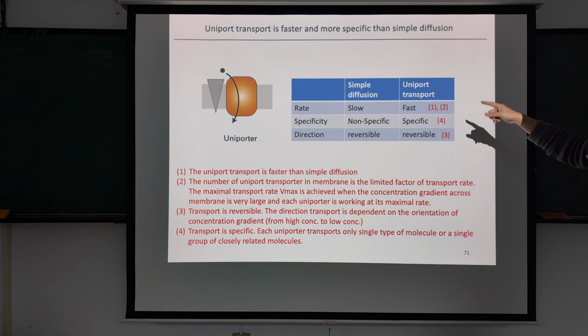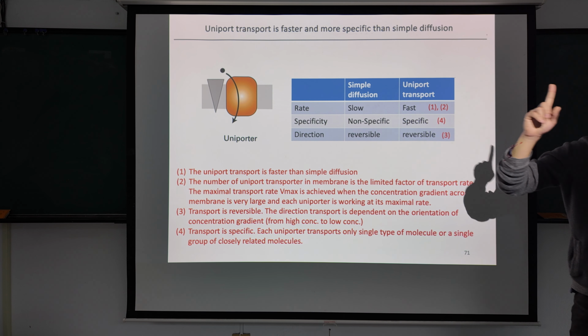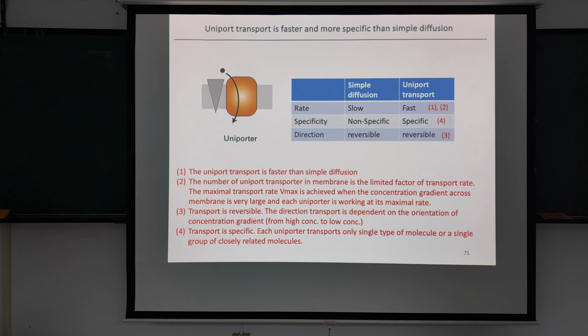But the uniporter is specific. It only transports certain molecules. For example, the glucose uniporter only transports glucose. It does not transport molecules based on size or hydrophobicity. It only transports certain molecules because it has a binding site for that molecule, and that is why it only generates the shortcut specific for it.